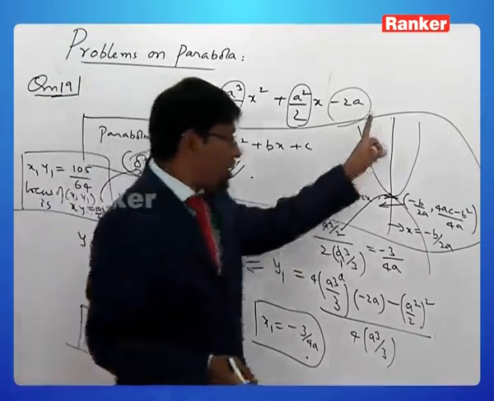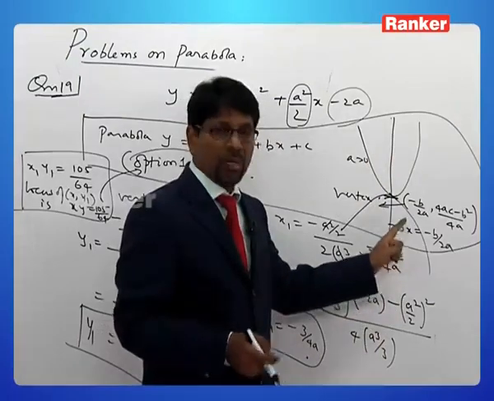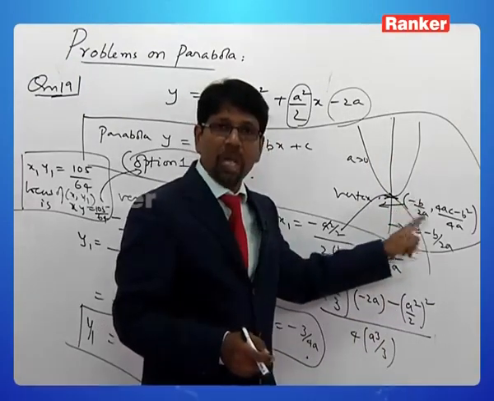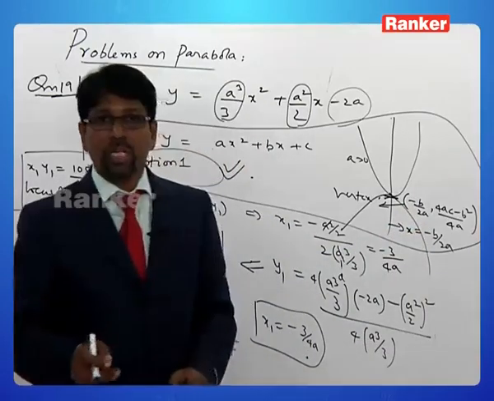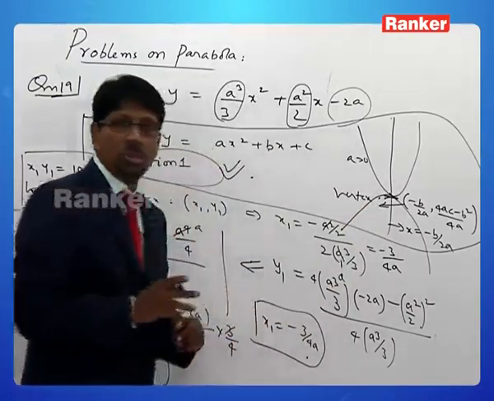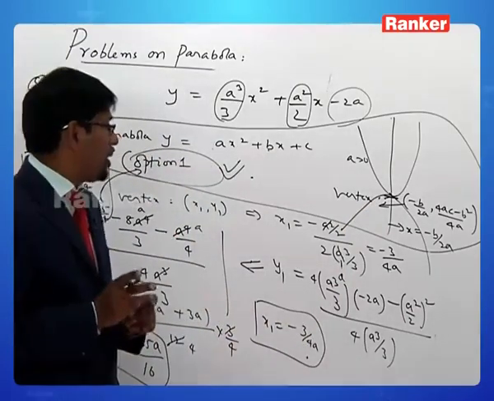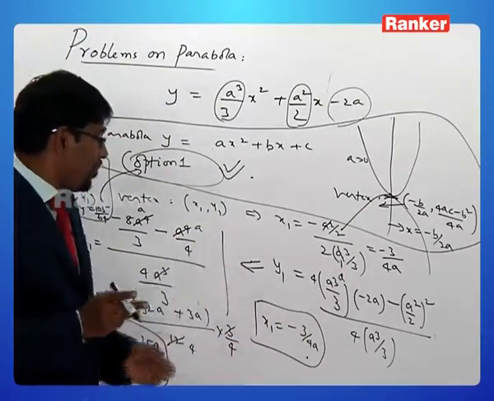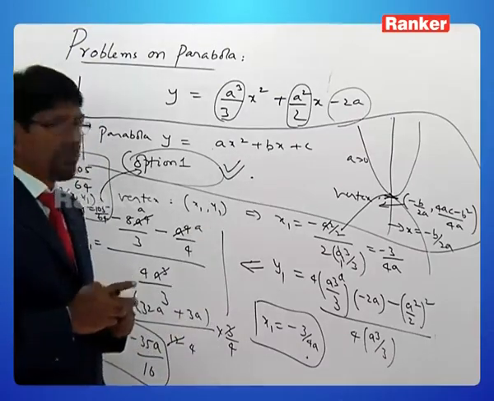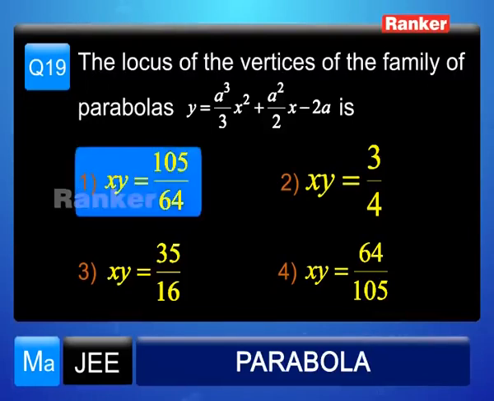However, the axis of symmetry is x equal to minus b by 2a, and the vertex will be minus b by 2a comma 4ac minus b square by 4a. This is a fact that we need to remember, and from there it's a routine thing to do. So option 1 is the right answer.